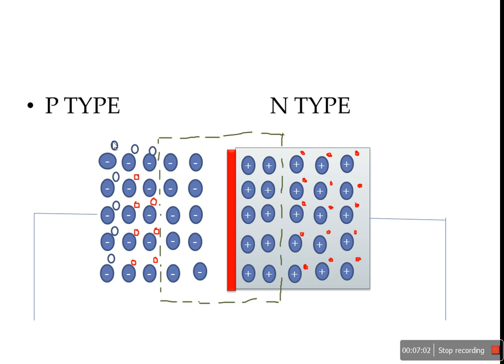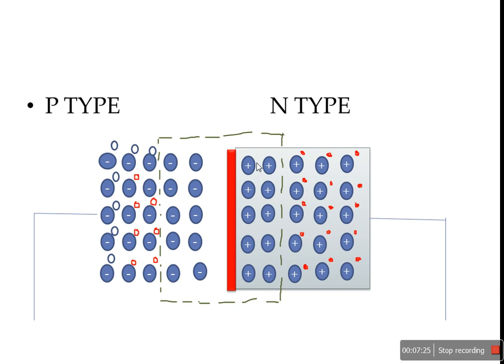In the depletion region we are not having any charge carriers, but we are having the immobile charges, that is negative acceptor ions and positive donor ions.